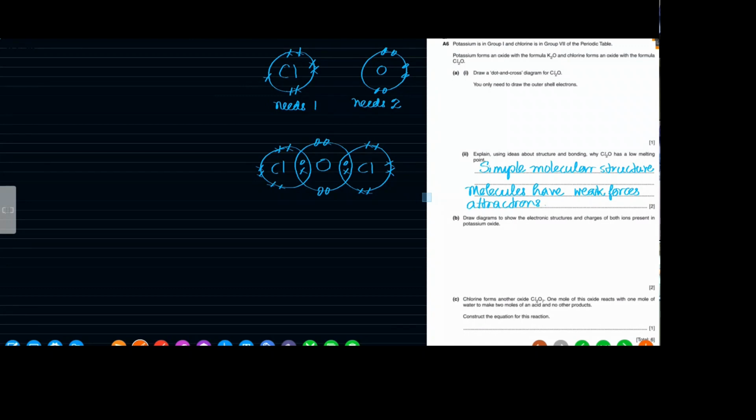So you need less energy to overcome these weak forces of attraction. So you can include that as well: simple molecular structure, molecules have weak forces of attraction, so less energy is needed.